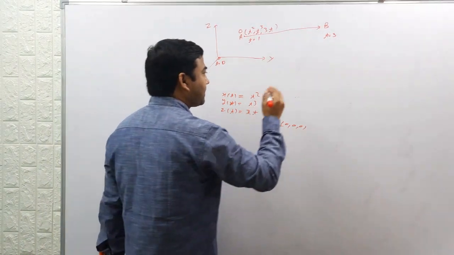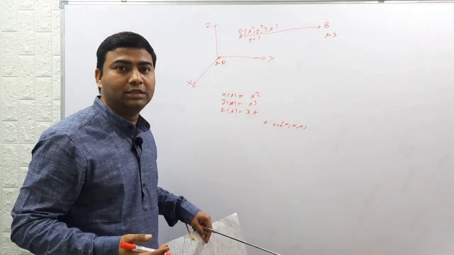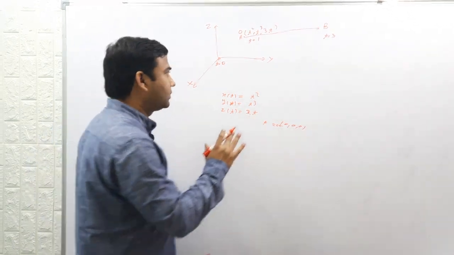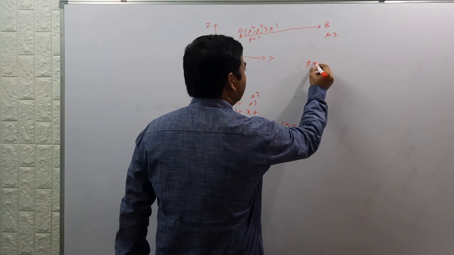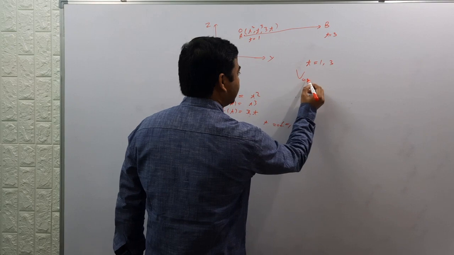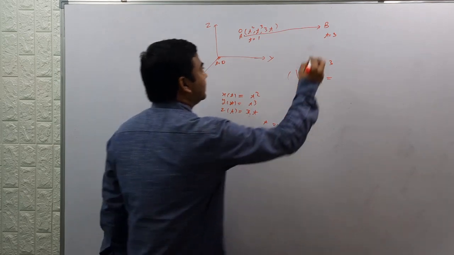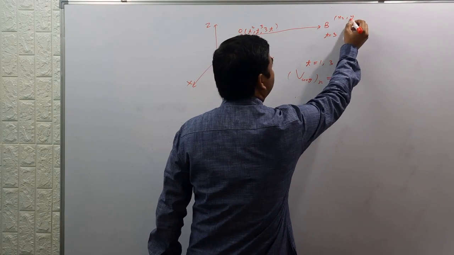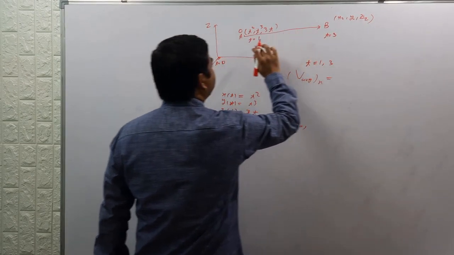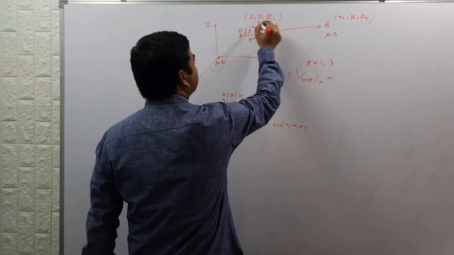So we can say for a single coordinate axis system how the velocity, average velocity, acceleration and average acceleration are defined, that we will discuss shortly. From t is equal to 1 to t is equal to 3, at t is equal to 3 this is point x2, y2, z2, and at t is equal to 1, this is point x1, y1, z1.